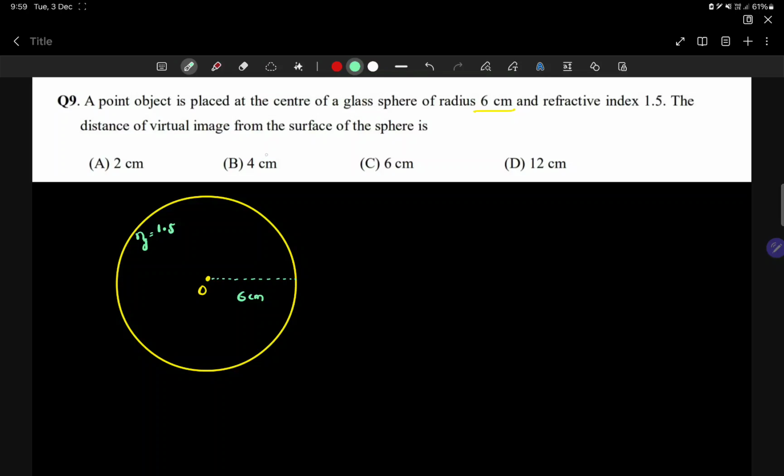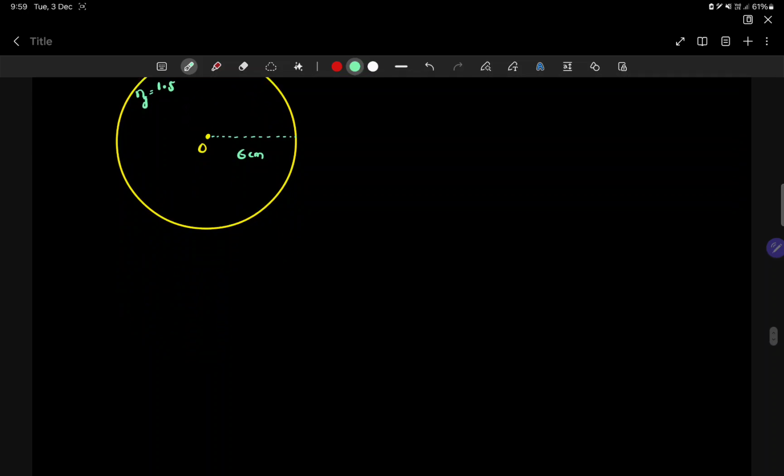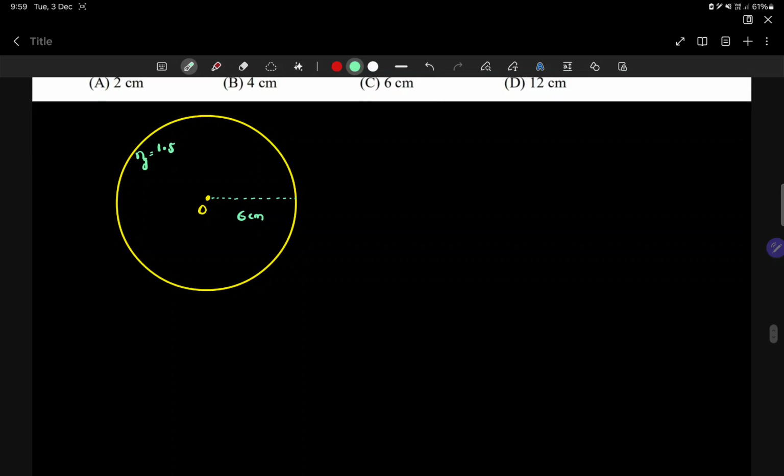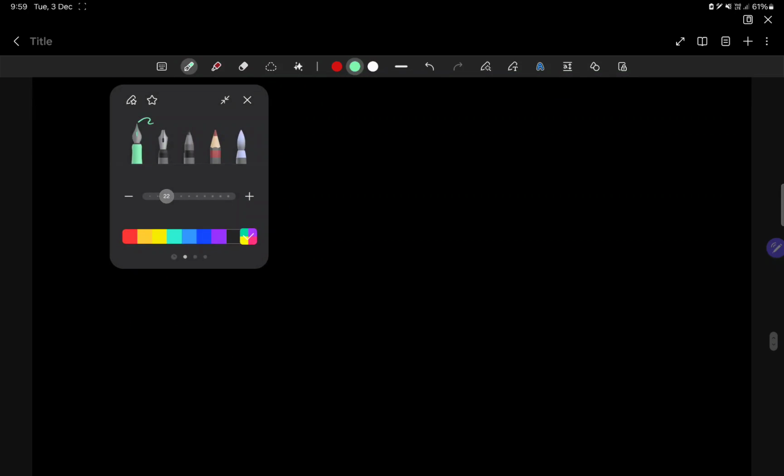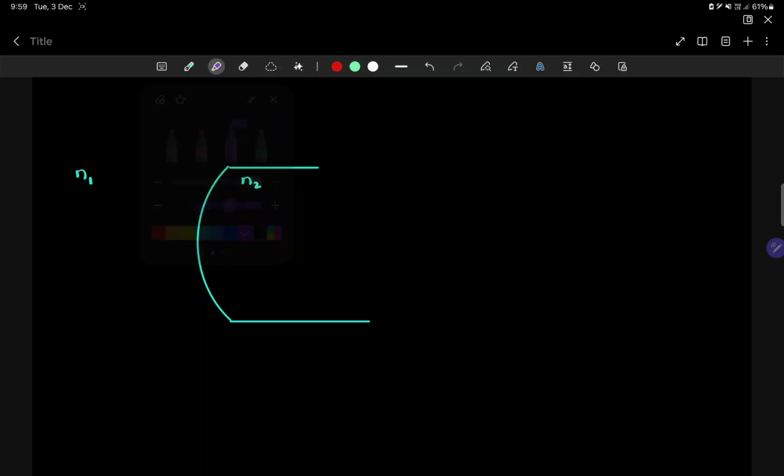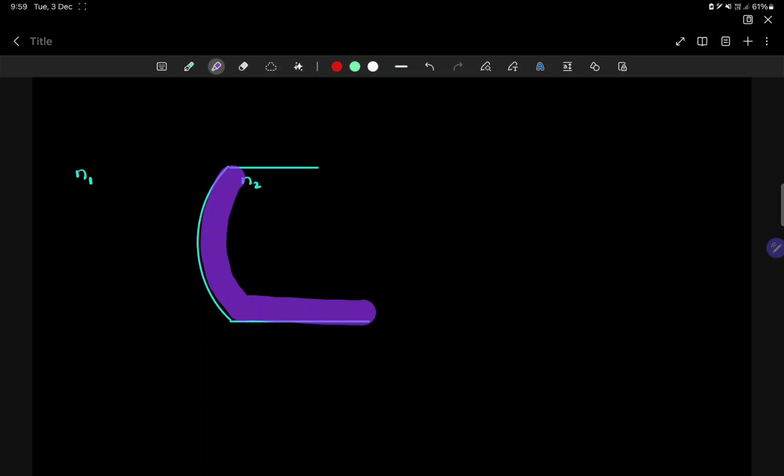The distance of the virtual image from the surface of the sphere is to be found. Now all of you focus on this theoretical part. In theory we have discussed, suppose this is our glass surface having refractive index n2, and the medium around this curved glass surface has refractive index n1.